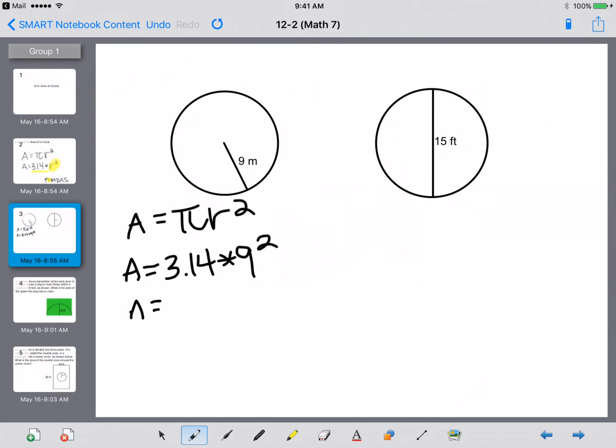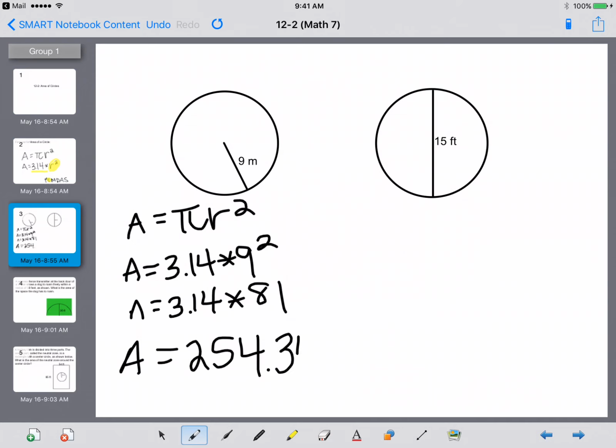So our area equals, remember we have to do our squaring first. So we have 3.14. 9 squared is 9 times 9, so that's 81. And then continue simplifying. So 3.14 times 81 gets us 254.34.